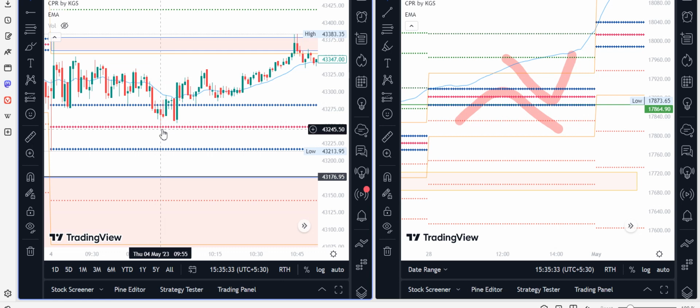After the close of this candle, you enter, put your stop loss below this candle, and you aim for at least 1:1 risk reward.